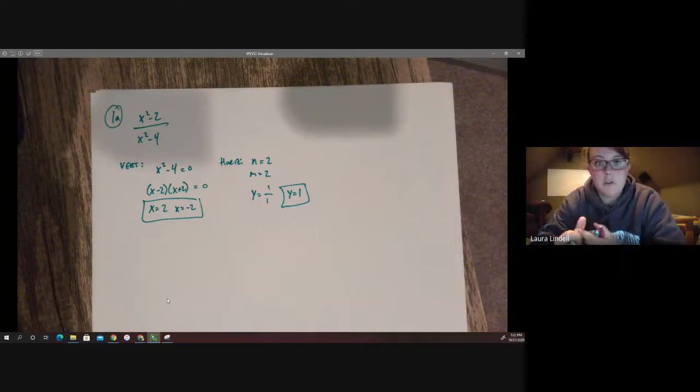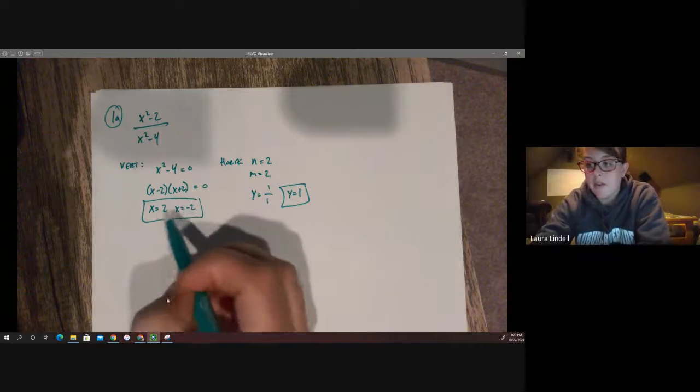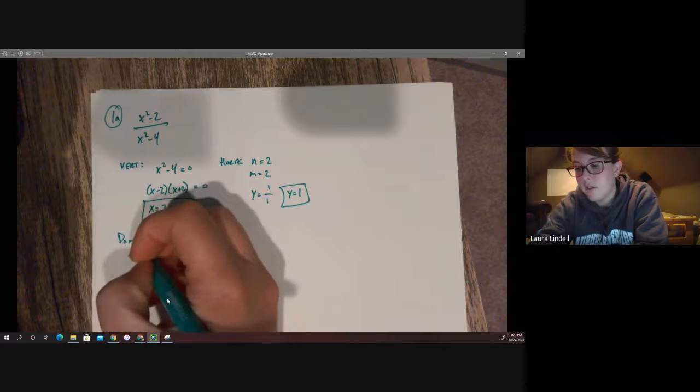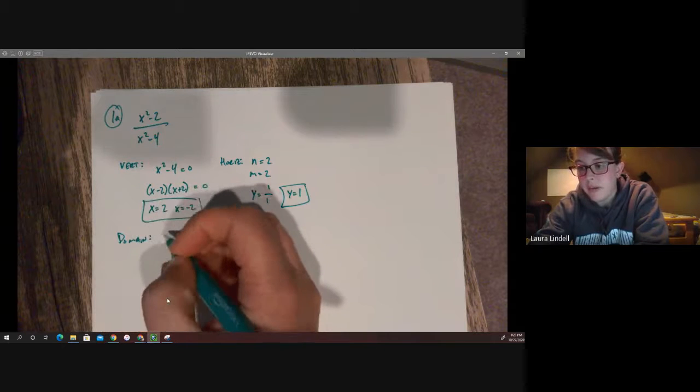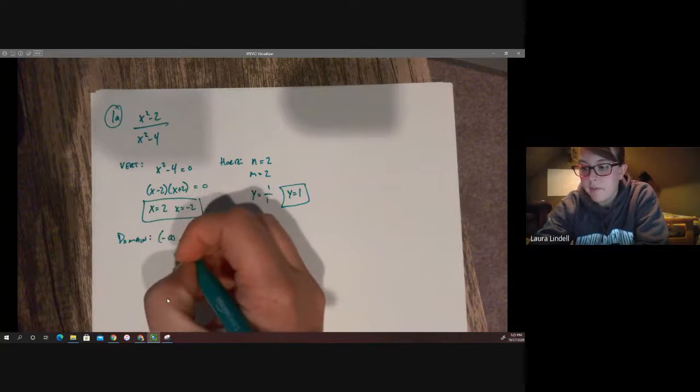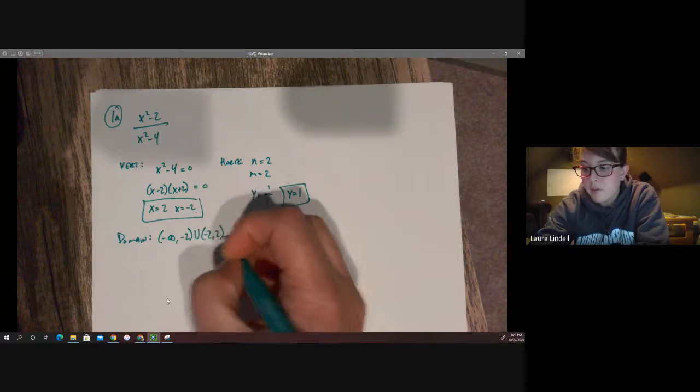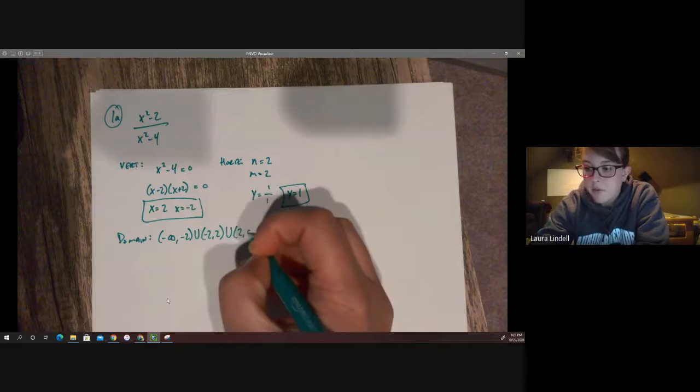So we found our vertical, we found our horizontal, then we just need to find the domain. And the domain is only restricted here by those values of the vertical asymptote. We can see that there's a break. So we'd have to go negative infinity to negative 2, union with negative 2 to positive 2, union with 2 to infinity.